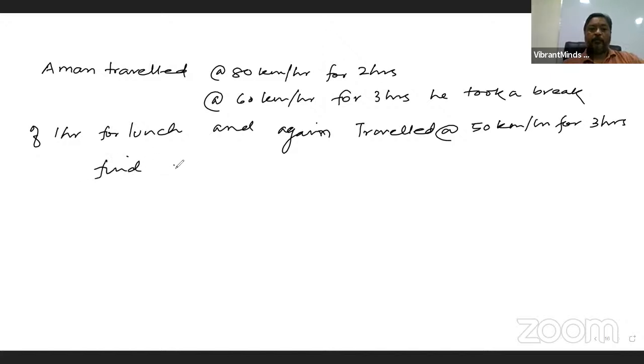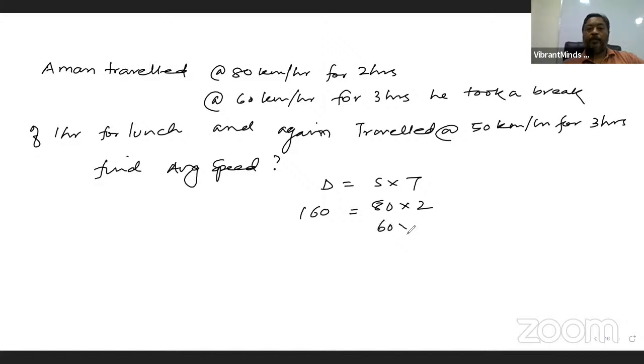Find the average speed. Here distance is speed into time: 80 into 2 is 160, 60 into 3 is 180, and 50 into 3 is 150.